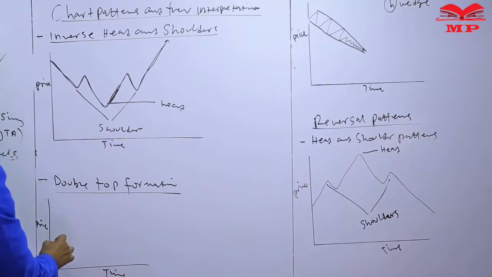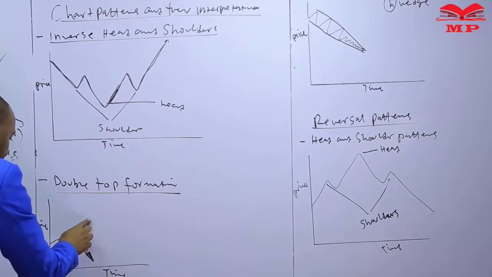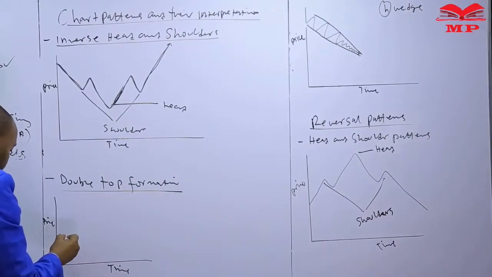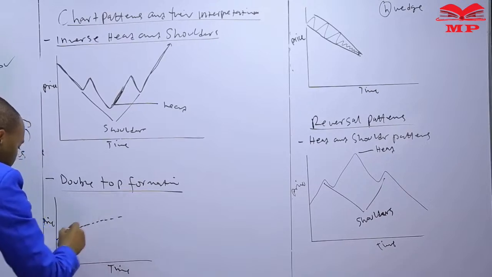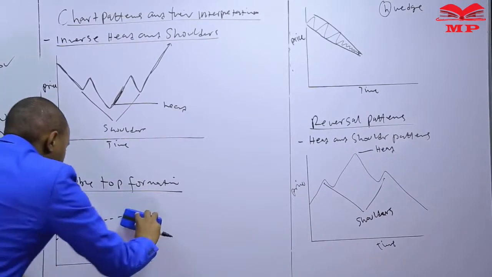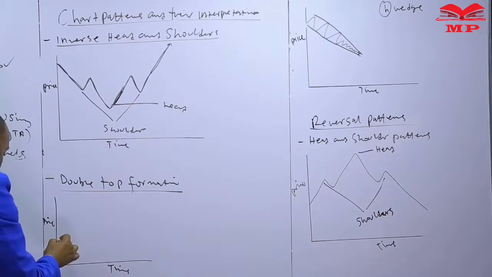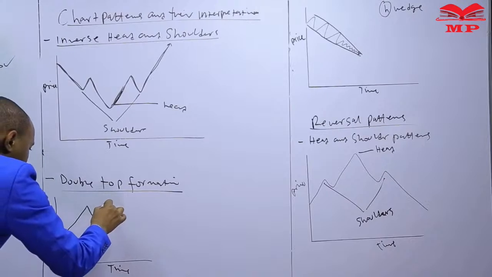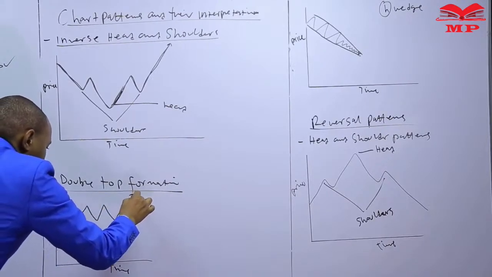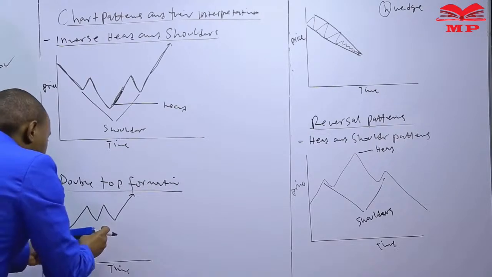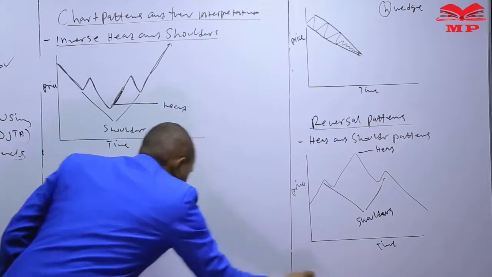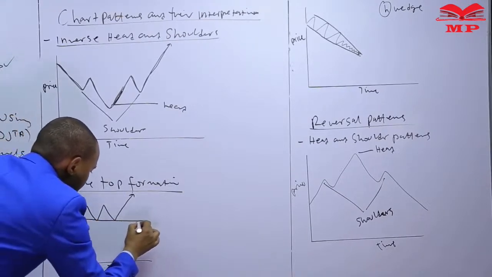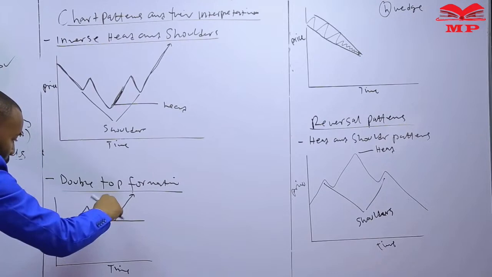So double top formation, if you have a line like that, you find the security prices moving like that, then it has like that. You can now demonstrate that here is actually a double top formation. So it's double top at the top like that.